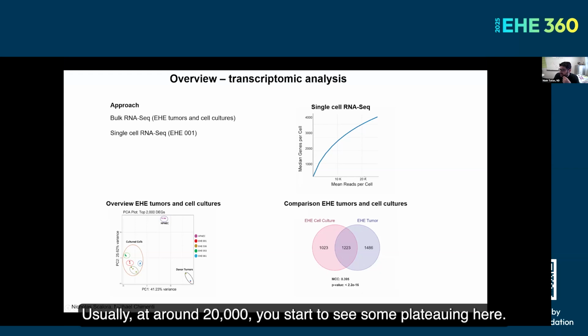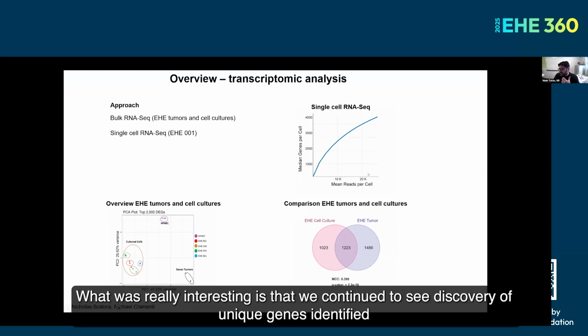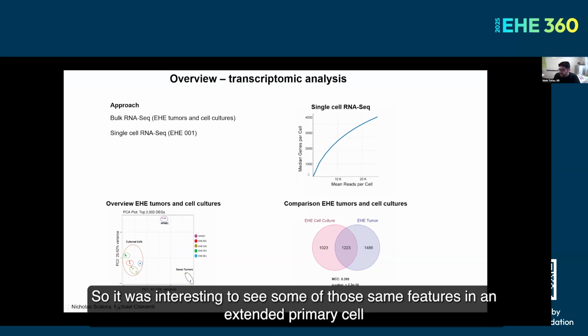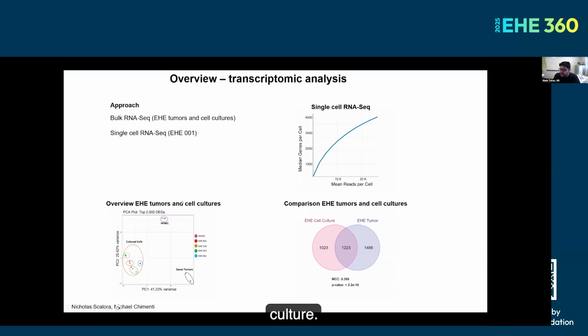And usually at around 20,000, you'll start to see some plateauing here. What was really interesting is that we continue to see discovery of unique genes identified per cell, which is consistent with the hypertranscription phenotype that's been described by Valerie Kusikov. So it was interesting to see some of those same features in an extended primary cell culture.